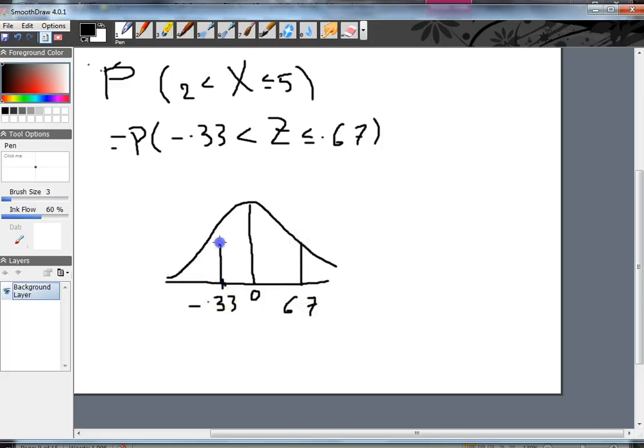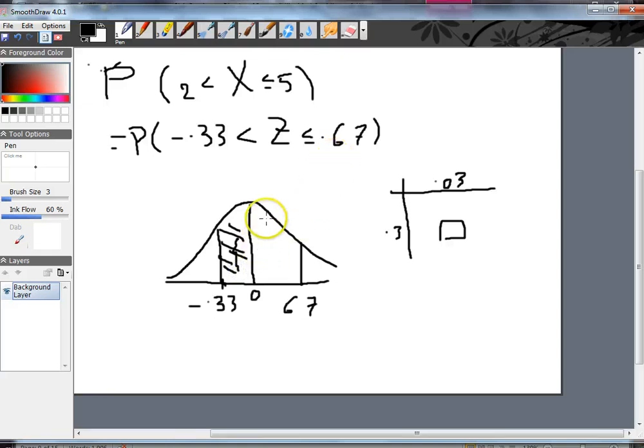So now I want to find basically this area. So first I find this area from the table. So I go to the table, and by symmetry I look under 0.3, and I want my second decimal to be 3, and this would be the answer for this shaded area.